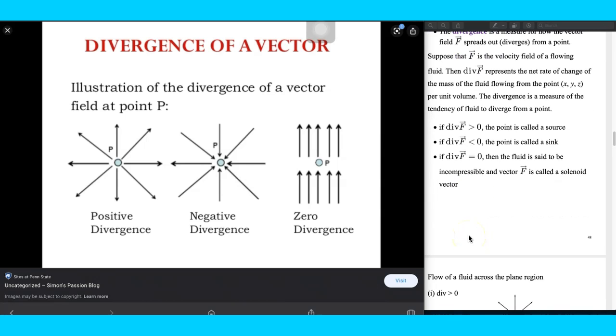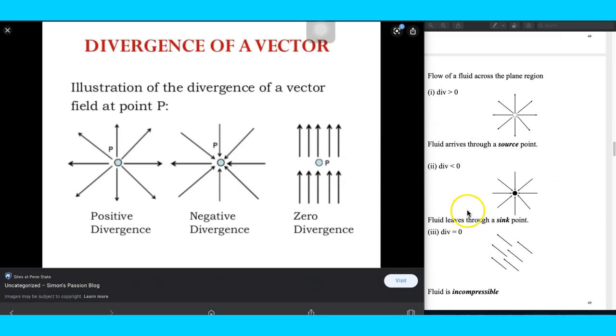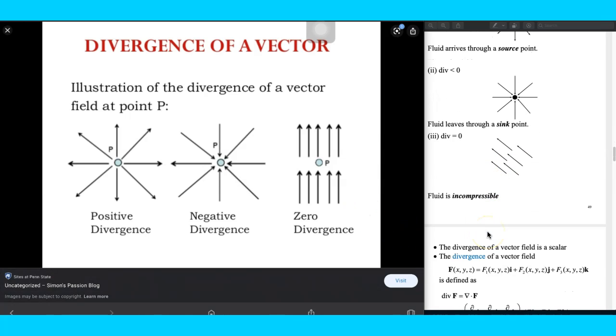So as I mentioned just now, we have a source, a sink, and incompressible.